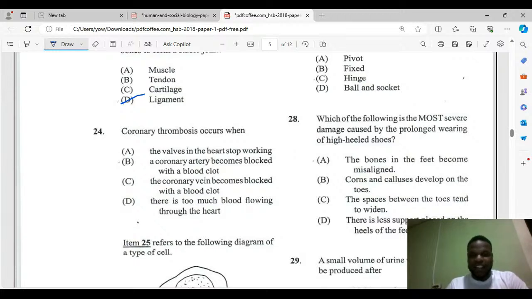When the valves of the heart stop working, when the coronary artery becomes blocked with blood clot, when the coronary vein is blocked with blood clot, or when there's too much blood flowing through the heart. So coronary thrombosis is when the artery becomes blocked. The answer is B.